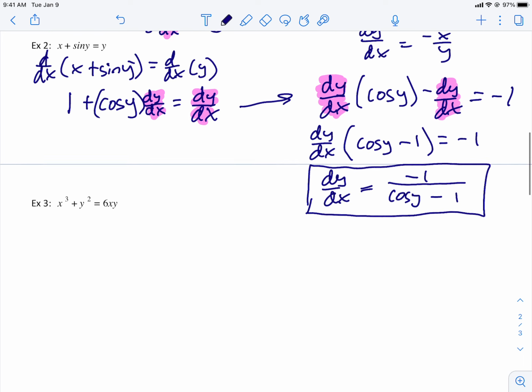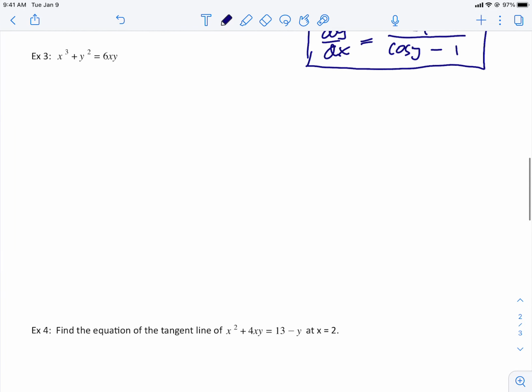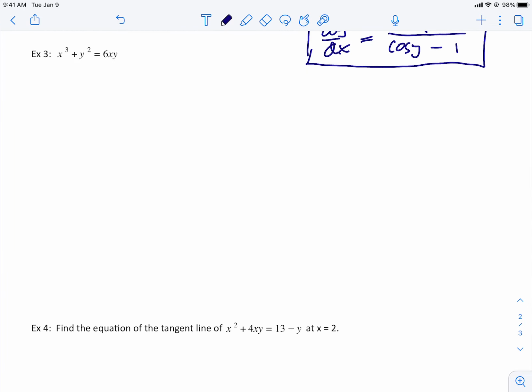All right, what I'd like for you to do is pause the video and try example 3 on your own first, see what you can do, and then I'll go through it. And just be careful. Some previous things are going to start to pop up as you go through it, so take your time and think carefully before each step.